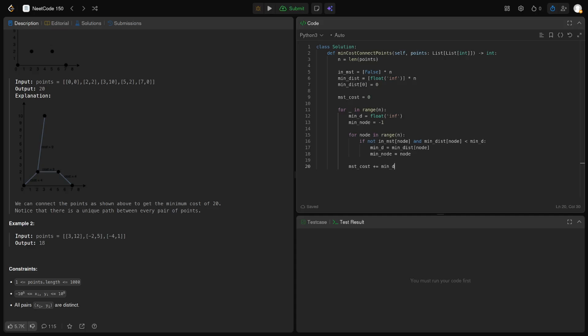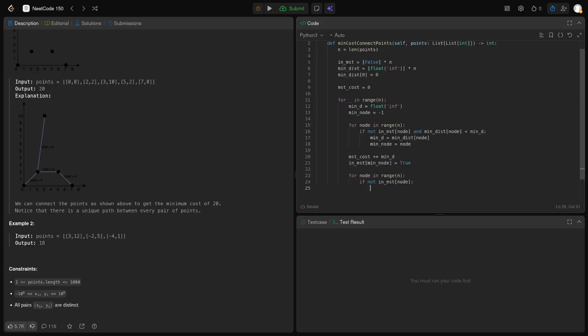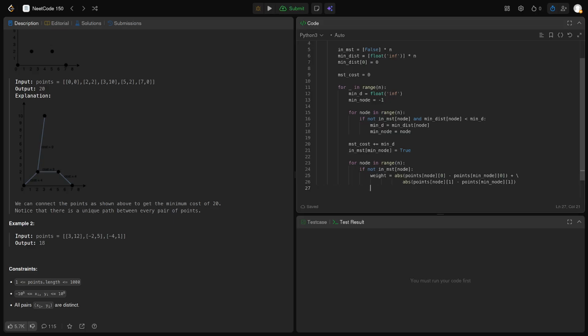MST cost plus equals min distance, and then in_MST[min_node] is true, and then for node in range n, if not in_MST[node], then we want to do weight is abs points[min_node][0] minus points[node][0] plus abs points[min_node][1] minus points[node][1], and then if min_dist[node] is greater than weight, update it.